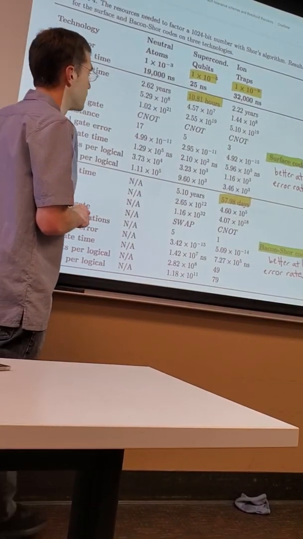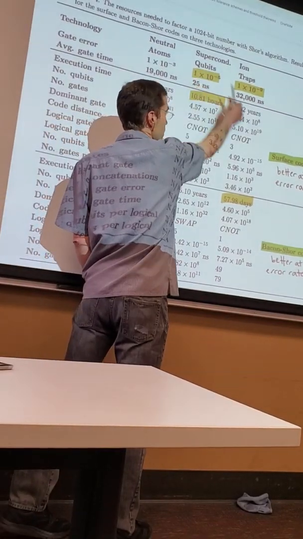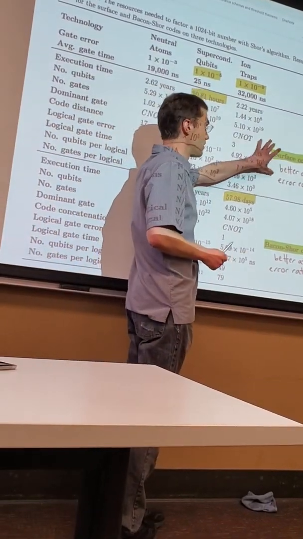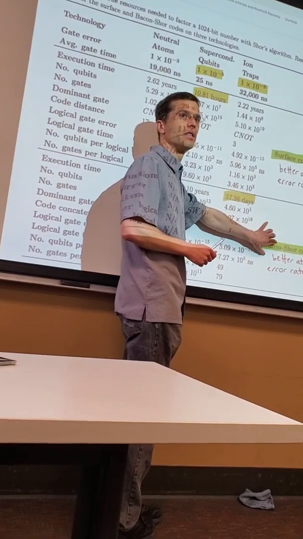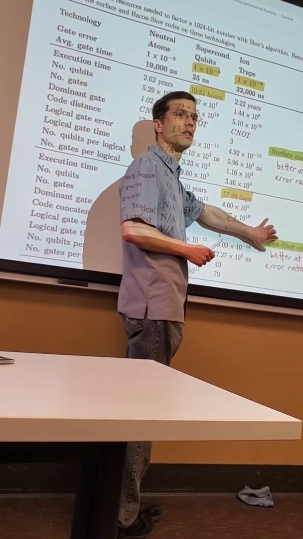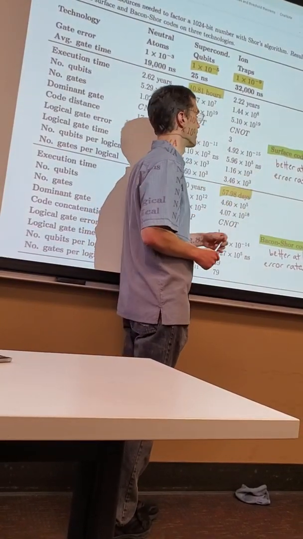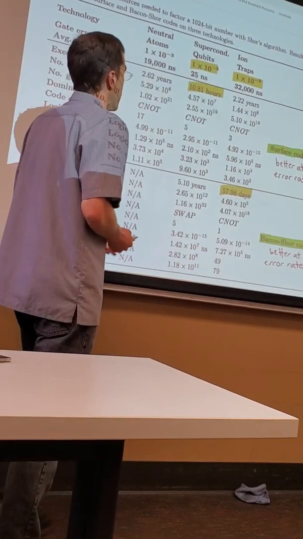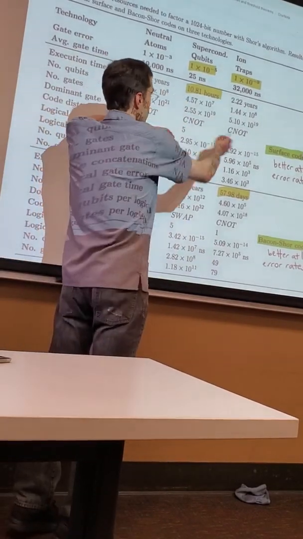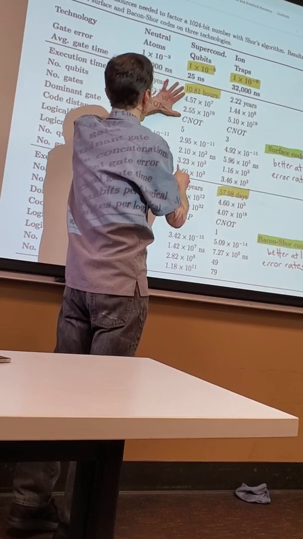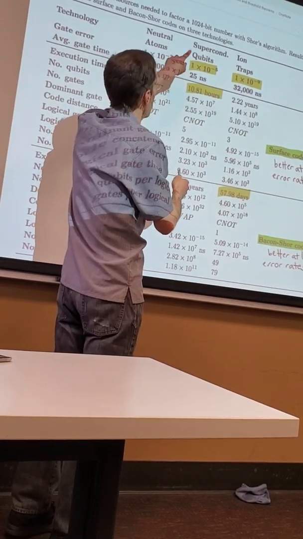And then what they do is, for each of these models, they try different codes. They try the surface code and the Bacon-Shor code, two of the most promising error correcting codes. And they show, for example, the numbers they get to do factoring with Shor's algorithm.